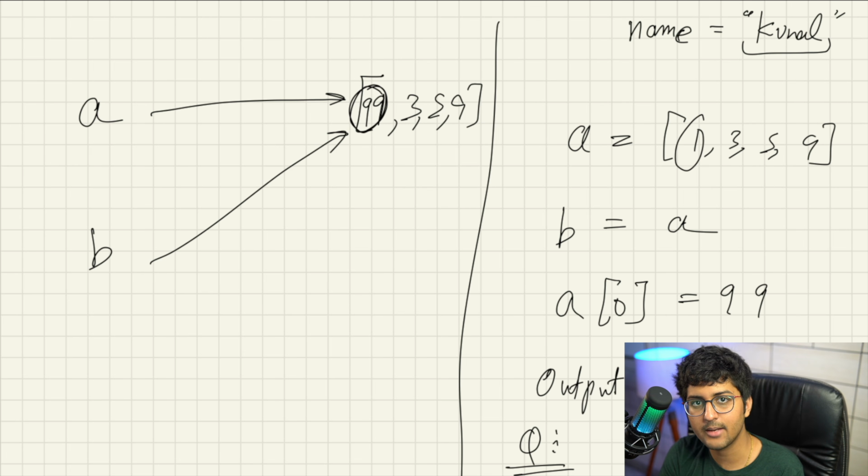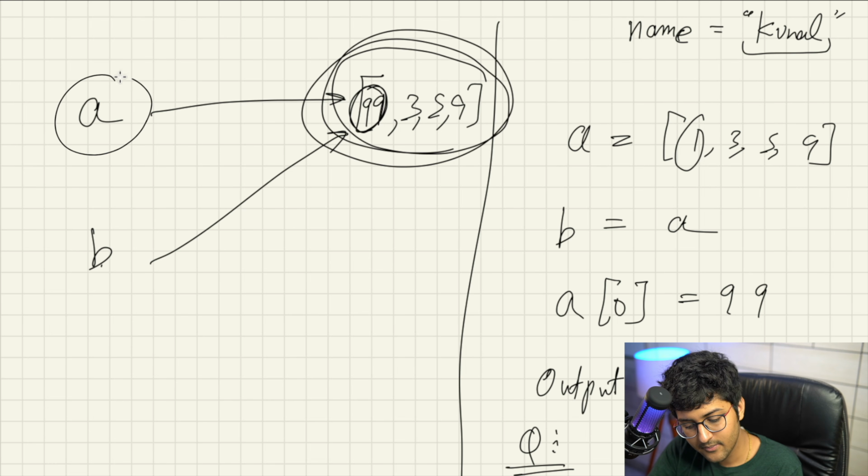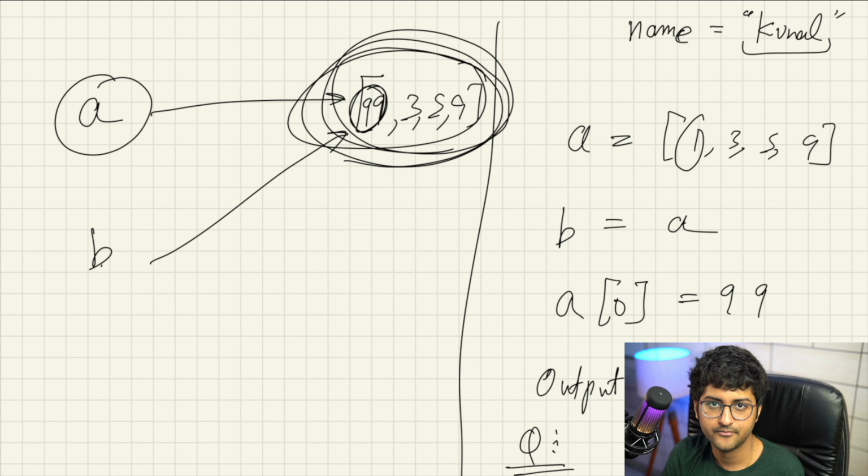Pause for a minute and think about it. If you said that it will also update to 99, that is true, because the answer is in front of your eyes. B is also pointing to the same object. So in simple terms, I repeat it again, if the object was changed via one reference variable, then this change will also be visible to all the other reference variables that are pointing to the same object.